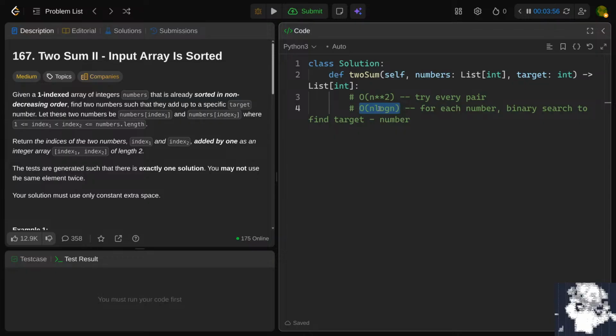So for each number, you binary search to find target minus that number. If you find it, you return the two indices. Is there any way to do it in n? I don't think there's going to be any way to do it in O of n.